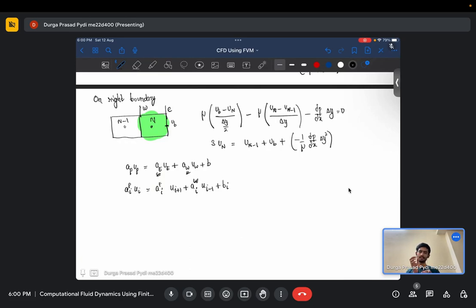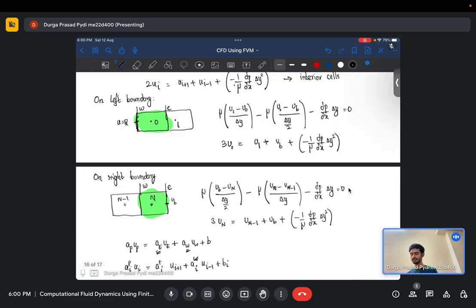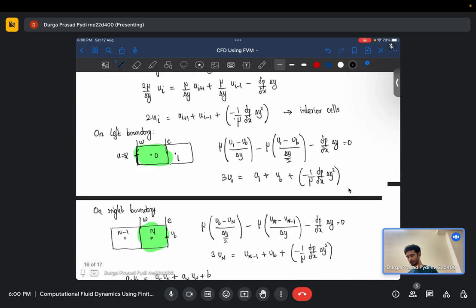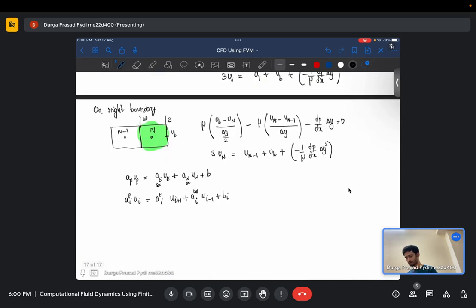So AP, AE and AW are essentially the coefficients that you need to get from these discrete equations. In our particular scenario, i is essentially your grid point, I mean cell centroid number. So for the coefficients, for the first cell centroid, i equal to 0, you have AP of 0 essentially as 3.